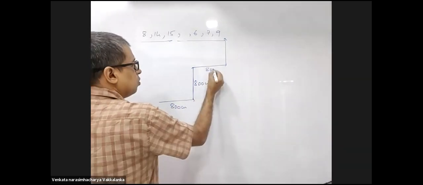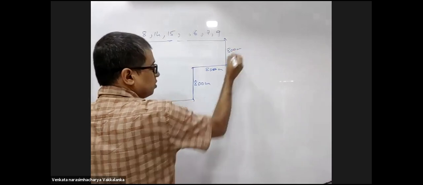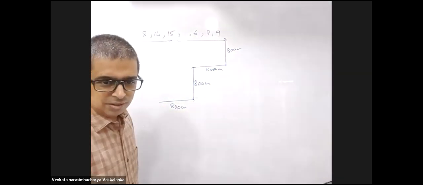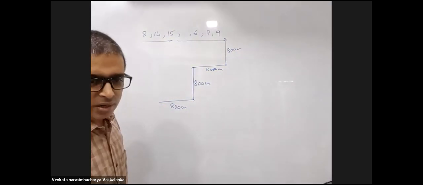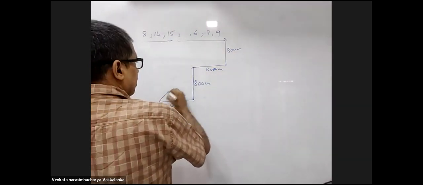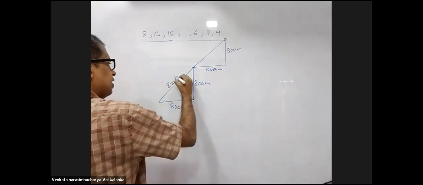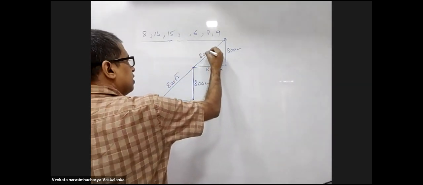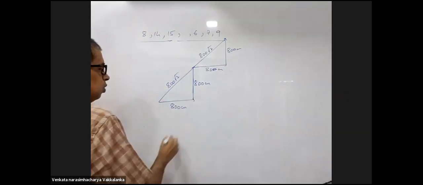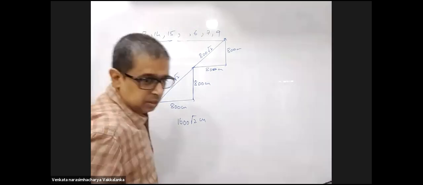So this is also 800 centimeters. Maximum possible displacement of the person from the starting point. This displacement will be 800 root 2, 800 root 2. So 1600 root 2 centimeters.